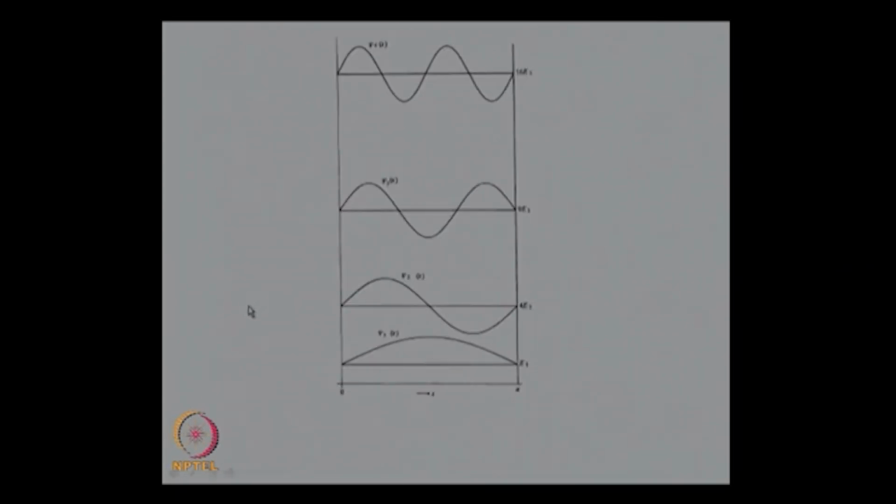So, these are the wave functions. This is the ground state energy, for which you have the wave function psi 1 of x. This is the first excited state energy, this is the second excited state, and this is the third excited state.